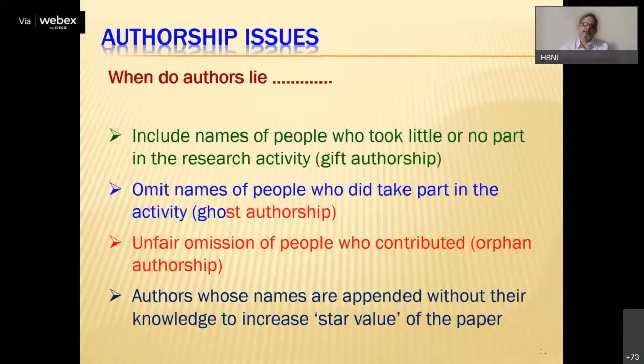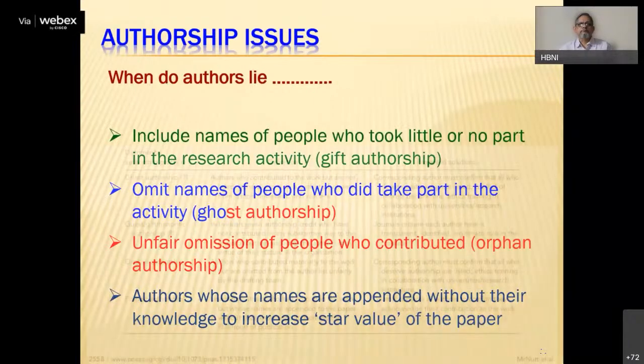This is another strange thing which happens, and this is done to increase the star value of the paper. So you may find that suddenly a person who is pretty well known in that particular area of research has his name included in a paper which he has no inkling about. So these are the misconducts which can happen, among others.